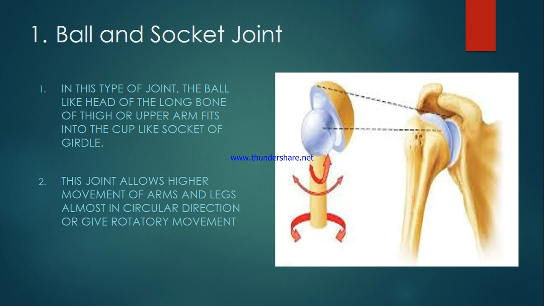The most important example of a ball and socket joint is the joint of the shoulder, in which the humerus bone is attached to the socket of the girdle. Another example of a ball and socket joint is the joint found in the thigh.